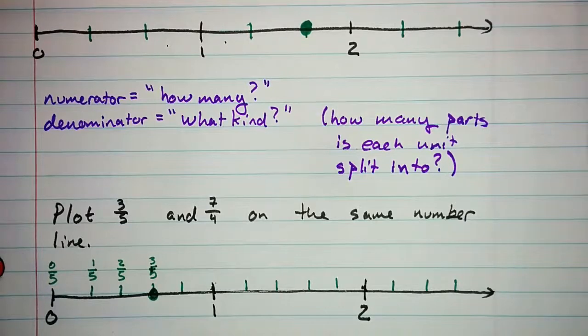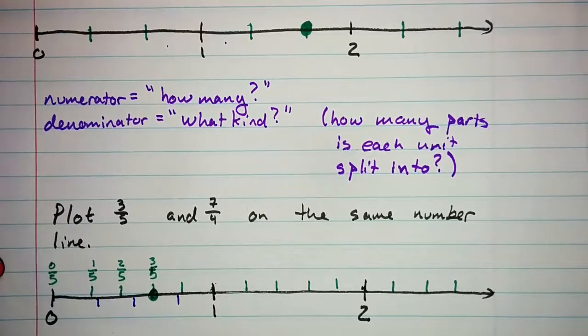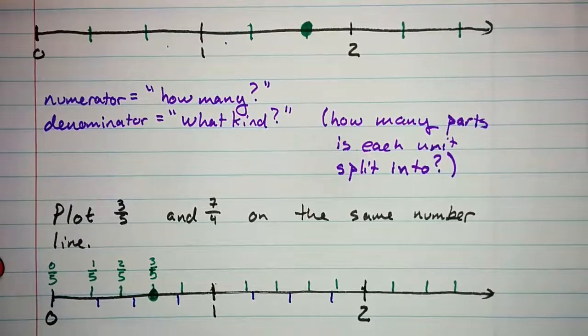To plot 7/4, I'll need to divide my number line into 4 equal parts. 1, 2, 3 cuts to make 4 parts. 1, 2, 3 cuts. And then 1, 2, and I can't go all the way to 3.